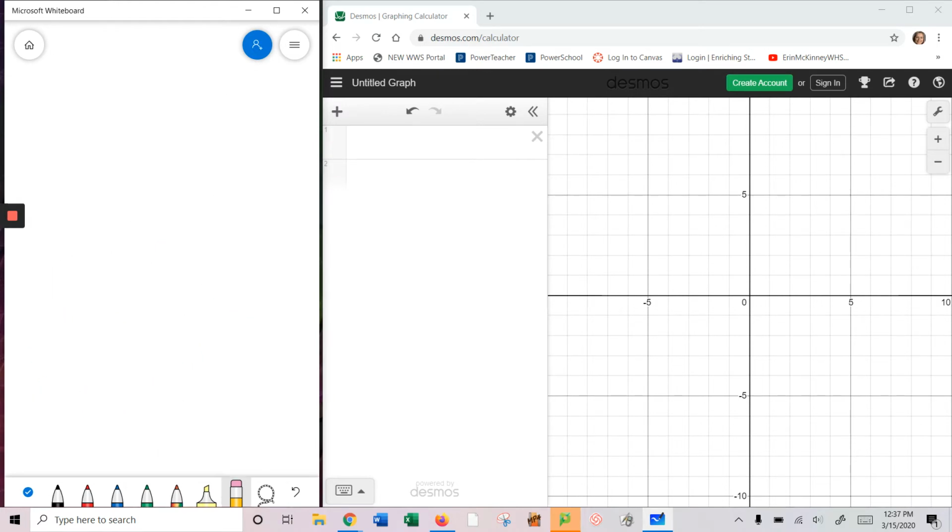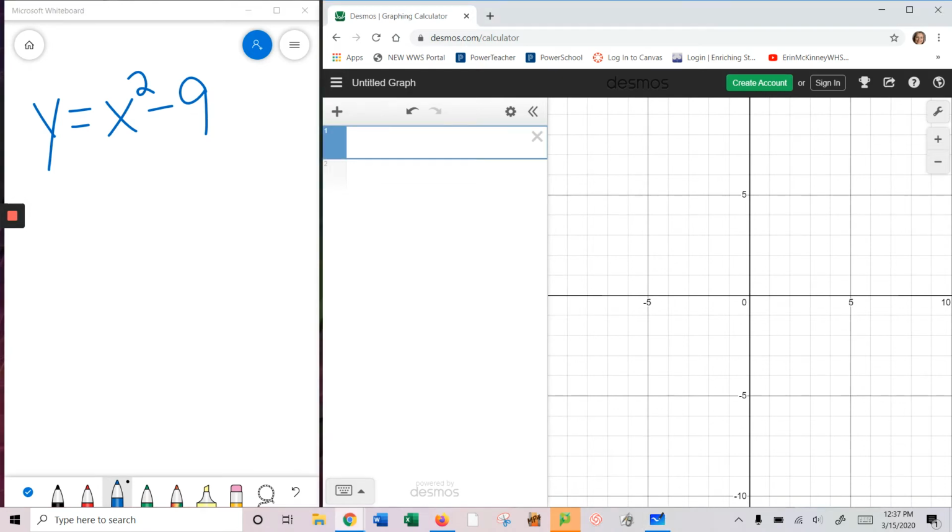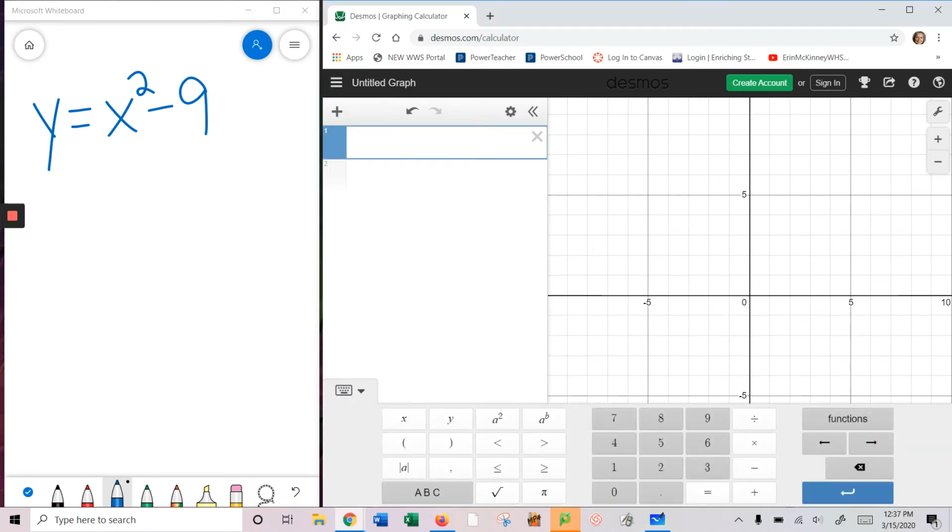Okay, so let's say we now have that as an equation. So we have y equals x squared minus 9, and we want to solve this by graphing. So what we'll do is we'll go to our graphing tool, and we will type this equation in exactly like we see it.